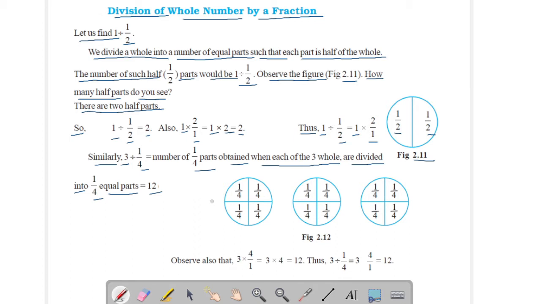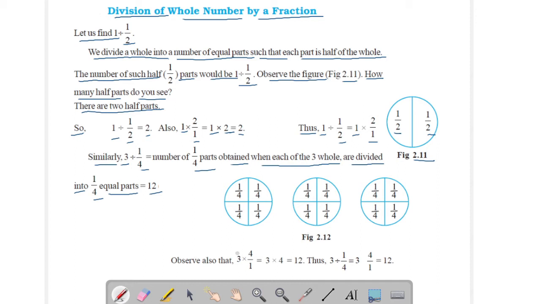See in this figure, the whole is divided into 4 equal parts and each part is equivalent to 1 upon 4. We have taken 3 whole circles, and each circle is divided into 4 equal parts, and each part is denoted by the fraction 1 upon 4.